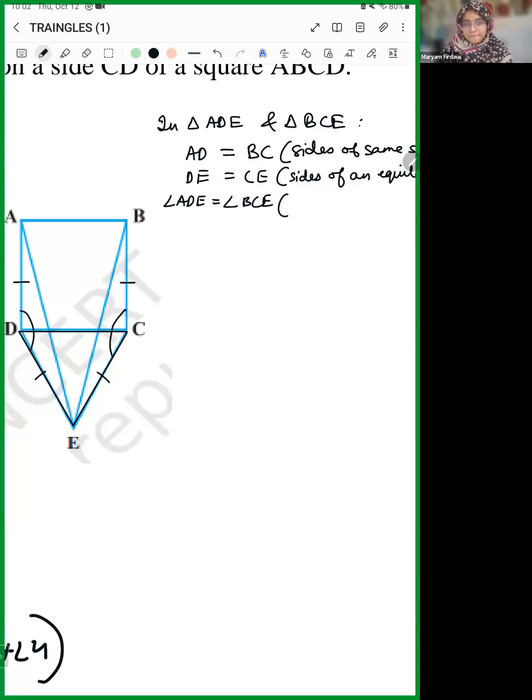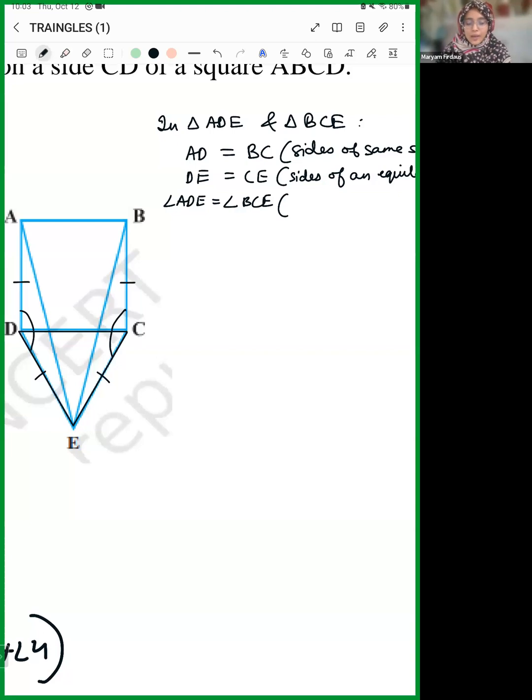Think. The sides are already equal, so what does that have to do with the angle? Ma'am, it's an equilateral triangle, then all the sides will be equal. Yeah, sides will be equal. We are talking about these two angles.